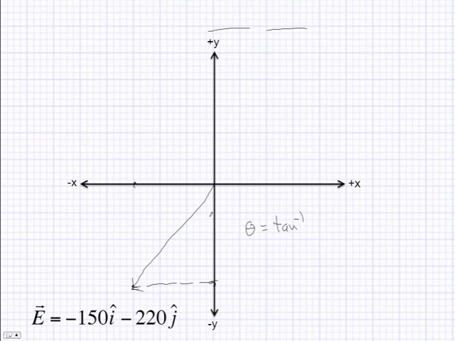And again, if you just put it in your calculator and do an inverse tangent, we have opposite, there's theta. Opposite theta is the negative 220, and adjacent negative 150. And so your calculator, when you use inverse tangent, doesn't see these two minus signs.